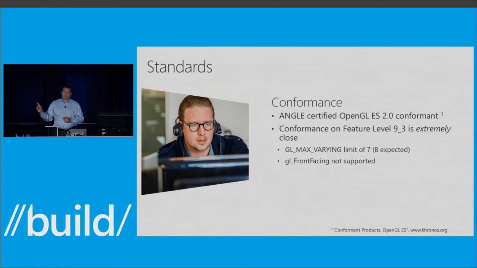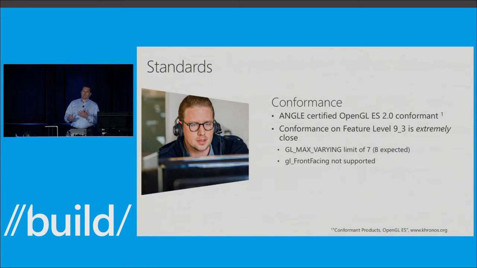There's a note here about feature level 9.3. We talked about how most Windows phones are 9.3. Conformance on 9.3 isn't official, only because there are 2 key features that are missing. One is GL max varying. For those that are familiar with it, the specification requires 8.